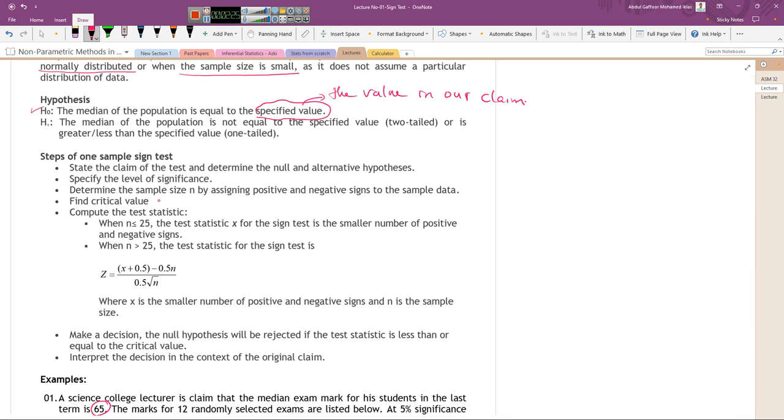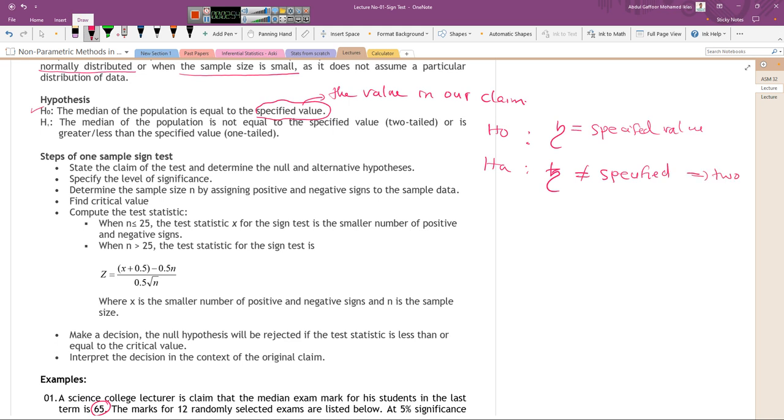So you can say eta is equal to the specified value; this will be our H naught. Now HA, the alternative hypothesis, may be eta is not equal to the specified value, in which case we take a two-tailed test.